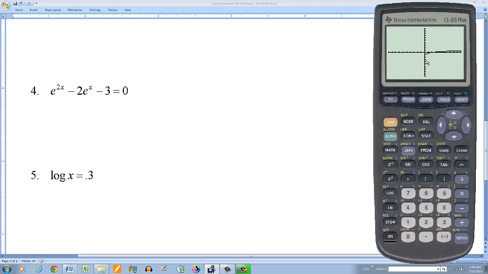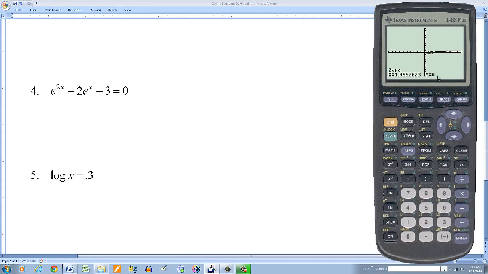Okay, so this one, again, appears to have one point of intersection here. So I go second, calculate, number 2. Okay, I'll put my cursor right there for the left bound, hit enter, right bound, get it over, make sure it's past that point, hit enter, ignore the guess, and I get 1 point.